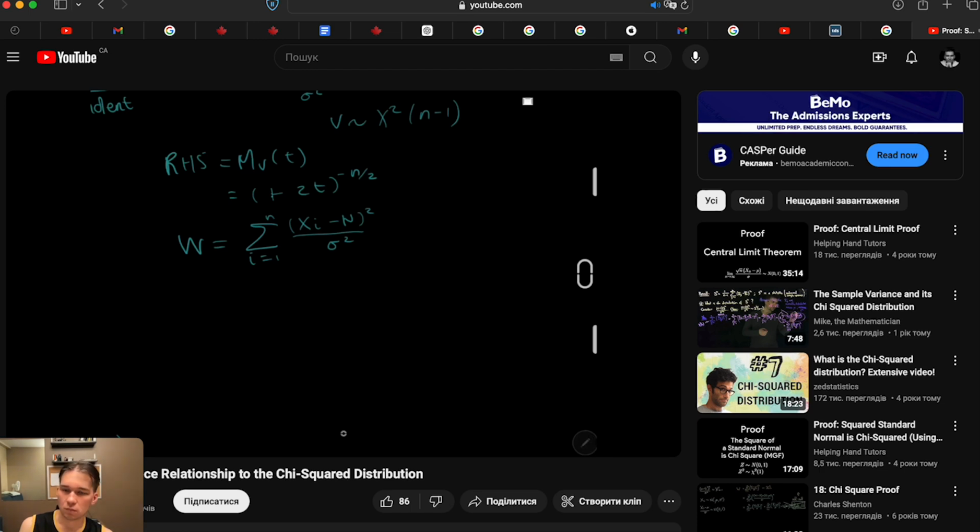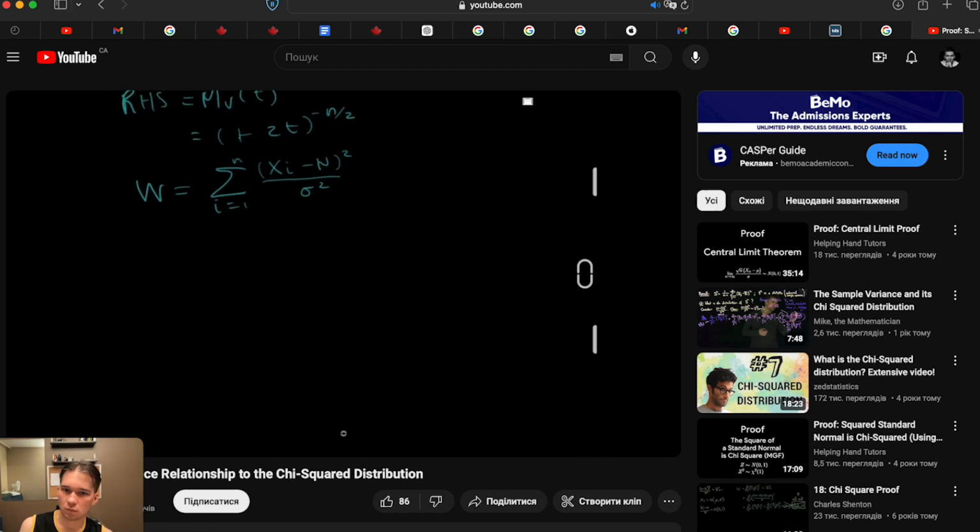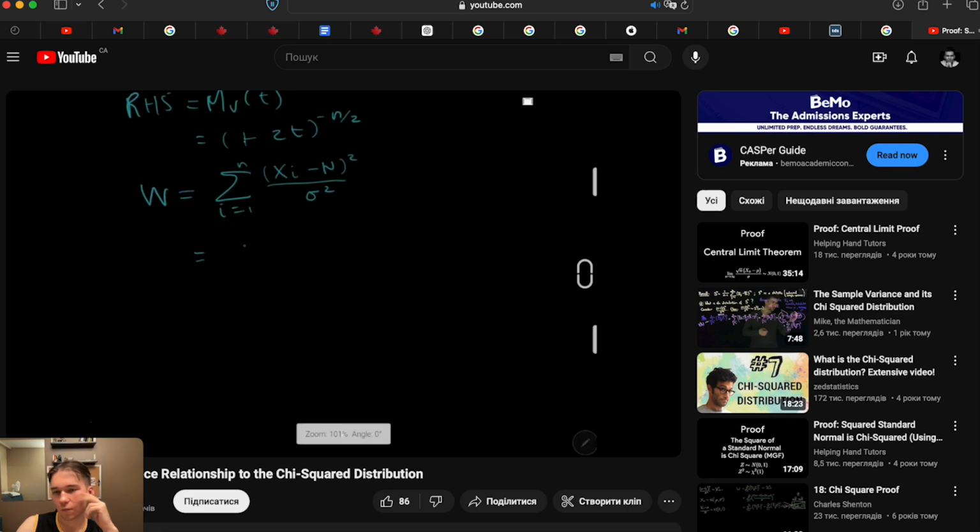Here is where the proof gets interesting. So this is the same thing as the sum from i equals 1 to n. The bottom stays the same. Actually, I'm going to bring this sigma squared out because I don't want to write sigma squared every single time. But this is the same thing as saying Xi minus Xn bar plus Xn bar minus mu, all squared.